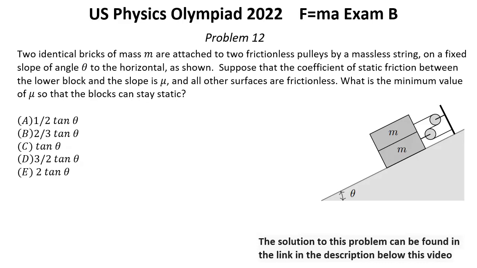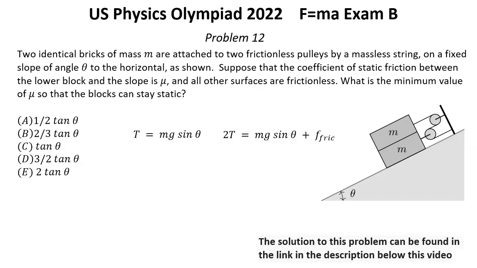Let the tension in the string that wraps around both pulleys be T. Applying force balance to the upper block, we must have T equal mg sine theta. The pulley applies a force 2T to the lower block, so applying force balance gives us 2T equal mg sine theta plus force of friction.